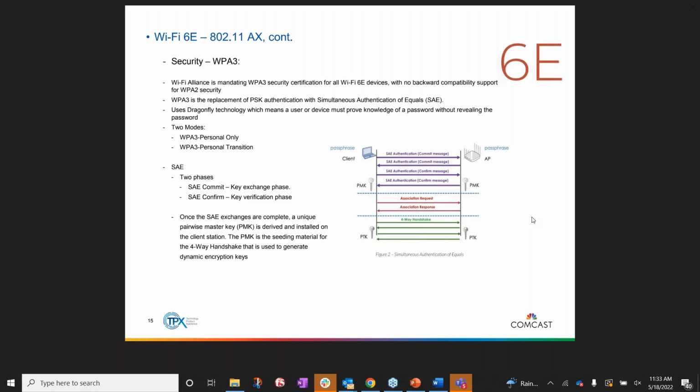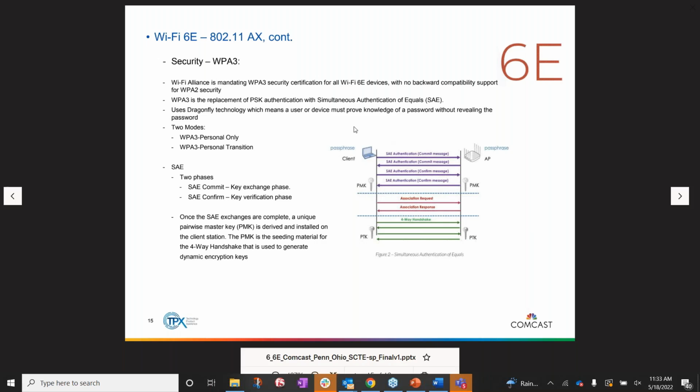And 6 gigahertz operates only on WPA3. It doesn't have any backward compatibility with WPA2 AES or TKIP. It works on WPA3 SAE mode or OWE mode. But again, the Wi-Fi Alliance also advises operating only on SAE mode instead of OWE mode.